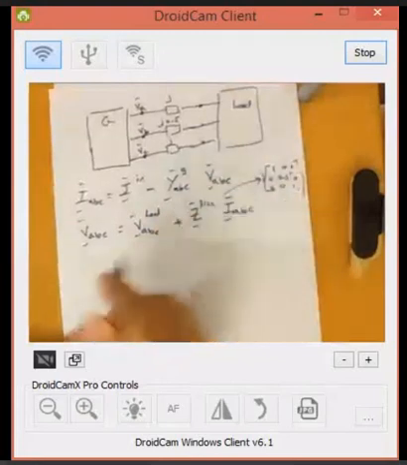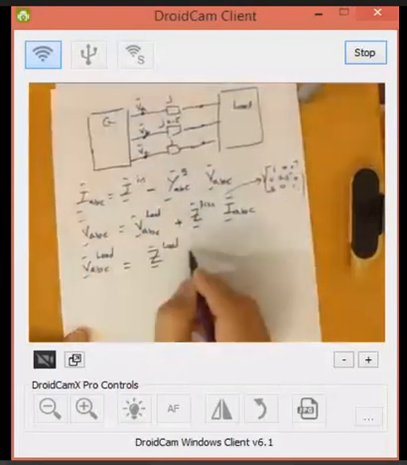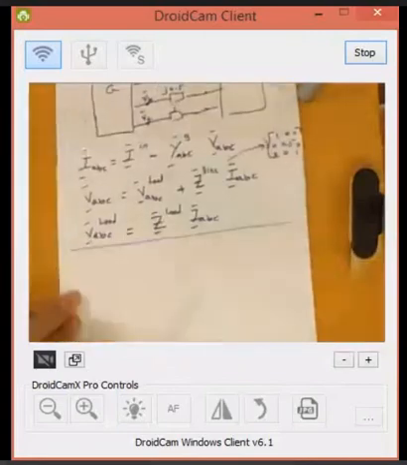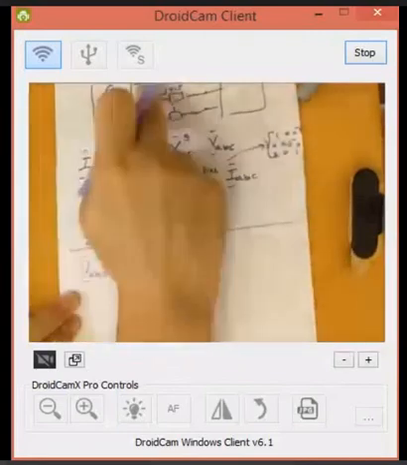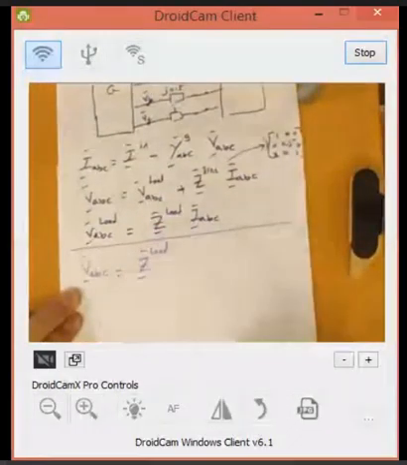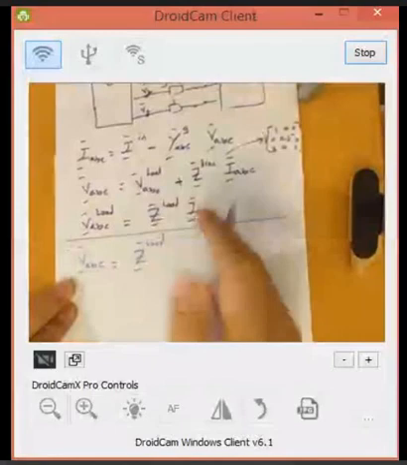Then VABC equals Z load plus Z line multiplied by IABC.